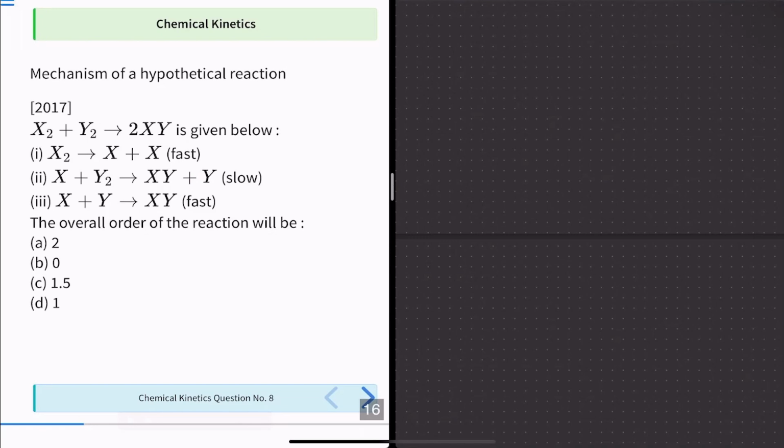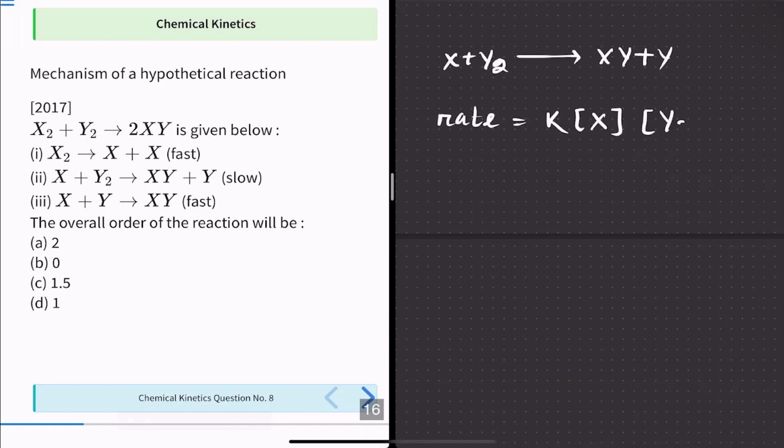So the rate of reaction would be determined by the second step, which is X plus Y2 giving rise to XY plus Y. So rate would be k into X into Y2.